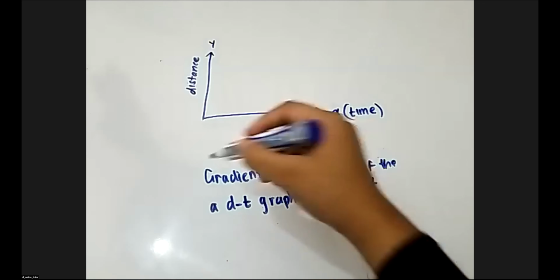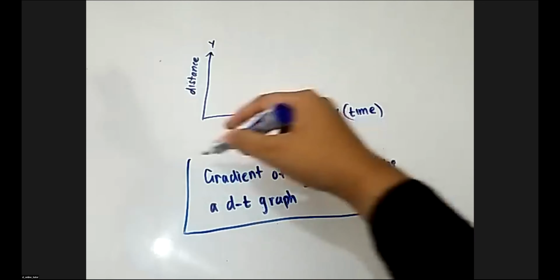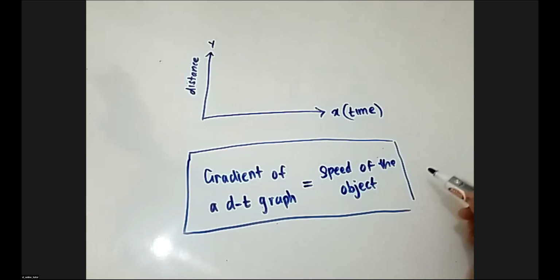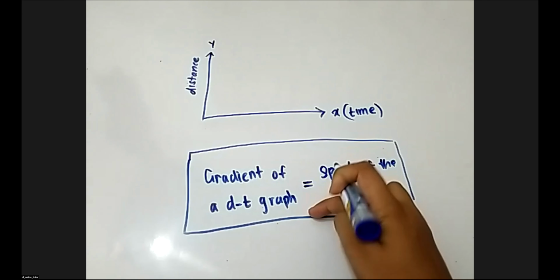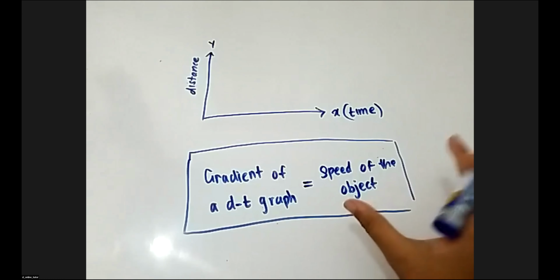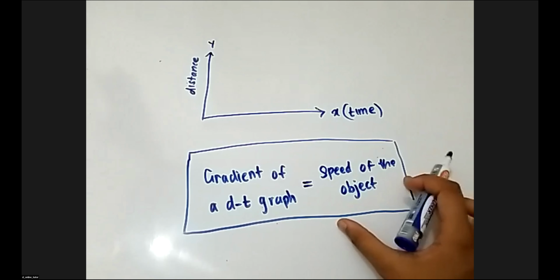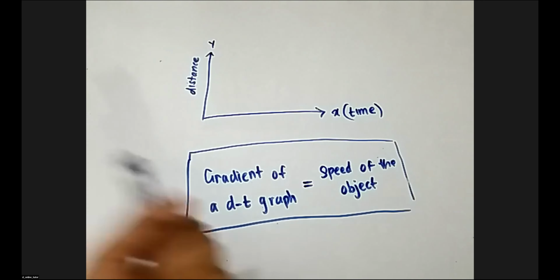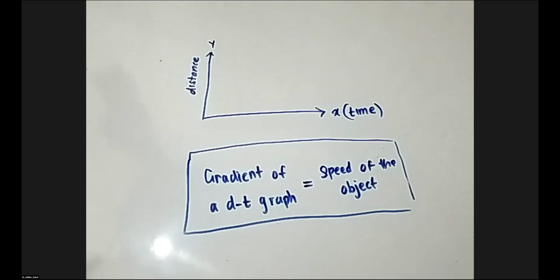Some students struggle. They try to use the equations in graph, y2 minus y1 over x2 minus x1, and they try to find it. No, it's not the way. Gradient of the graph is equal to speed of the object. Remember this concept. This is important when you're dealing with questions related to distance time graph. Okay, quickly draw this one and copy down.